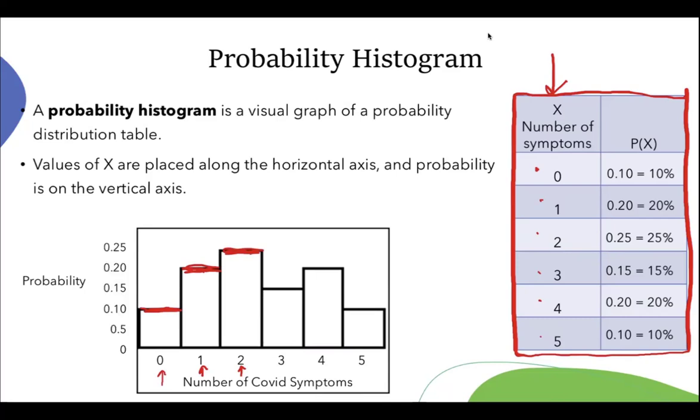So on the vertical axis, instead of a frequency, like we did with frequency distribution tables and histograms, we have probability. In this case, the max probability we have on this table is 0.25. So you can see that's the max probability I have on this histogram.